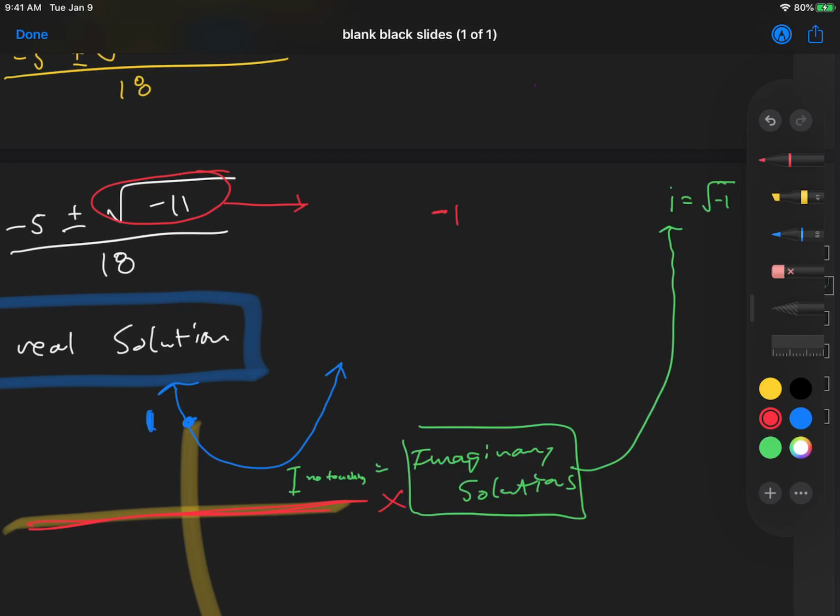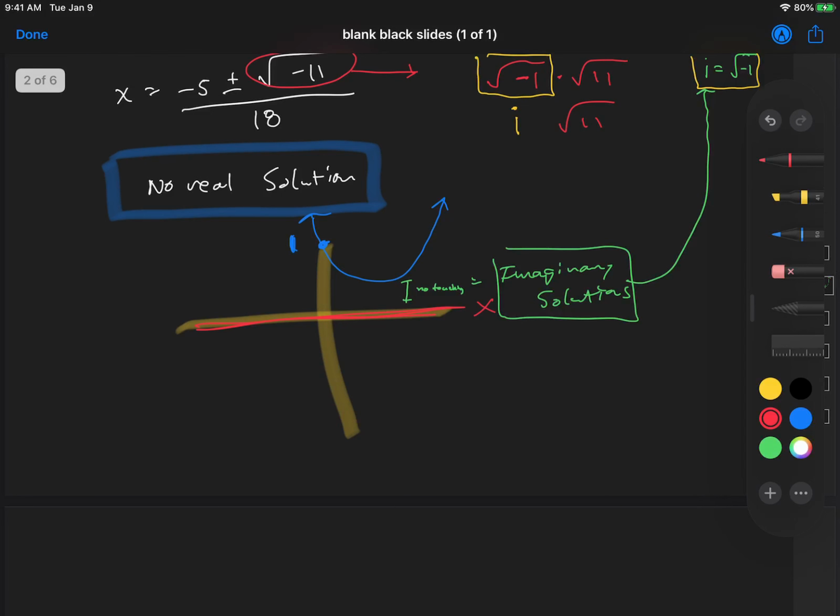I have the square root of -1 times the square root of 11. Okay, and then we just apply this information that we just said: i equals the square root of -1. So we're doing a substitution here. Square root of -1 is i, and you have this radical 11 still there.